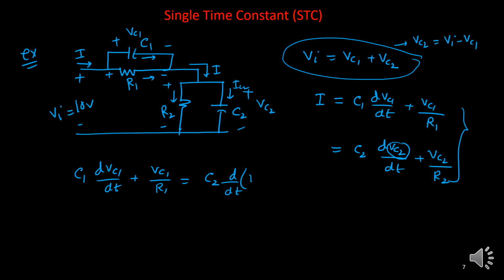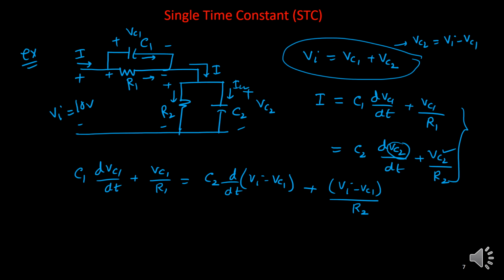Similarly here also I can replace this part, VI minus VC1 upon R2. So this is one single equation containing VC1 and input voltage VI.